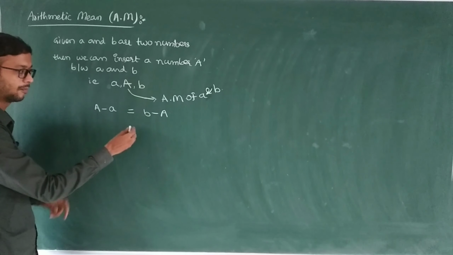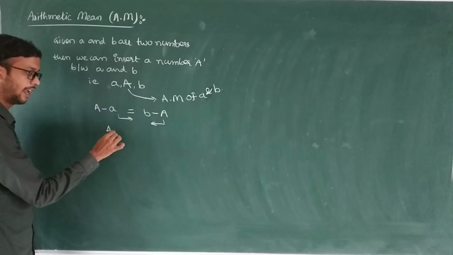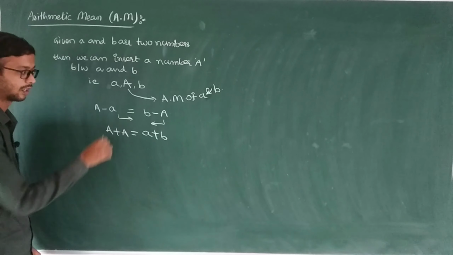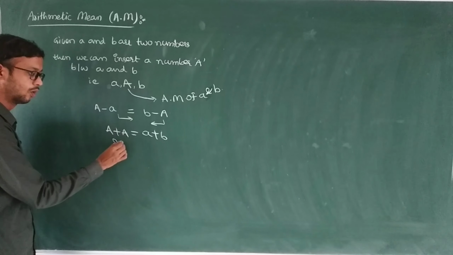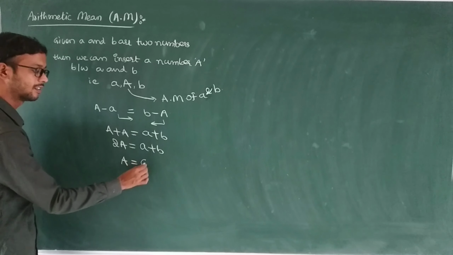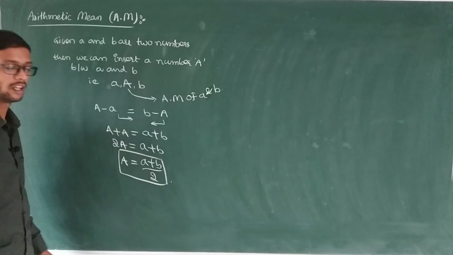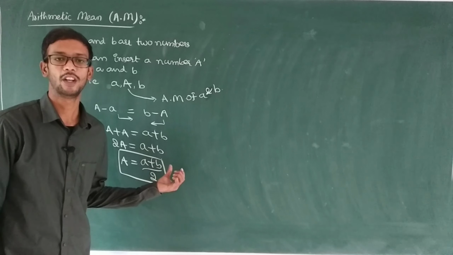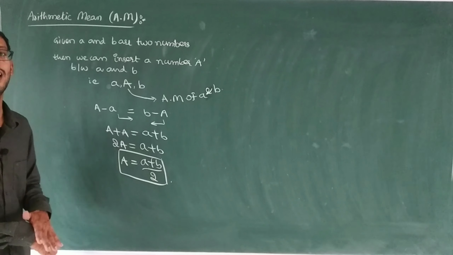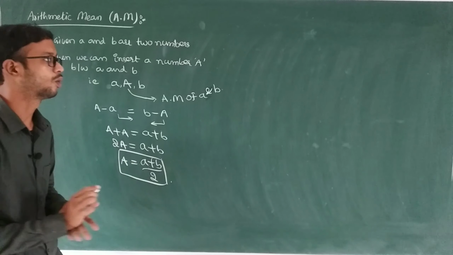Now if we simplify, A plus A is equal to A plus B, negative will become positive. 2A is equal to A plus B. Capital A is equal to (A plus B) by 2. Arithmetic mean is nothing but the sum of the numbers divided by 2. This way we can find the arithmetic mean: sum of the two numbers divided by 2.